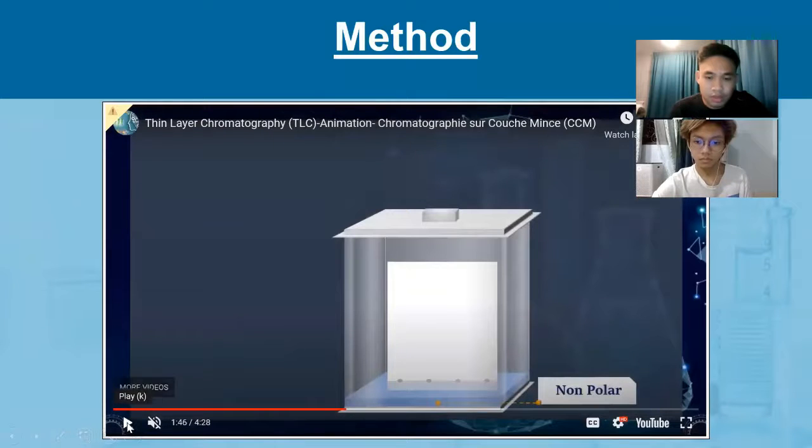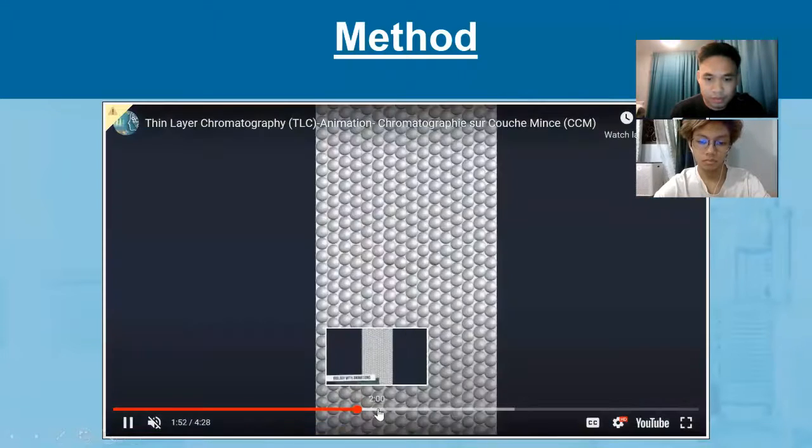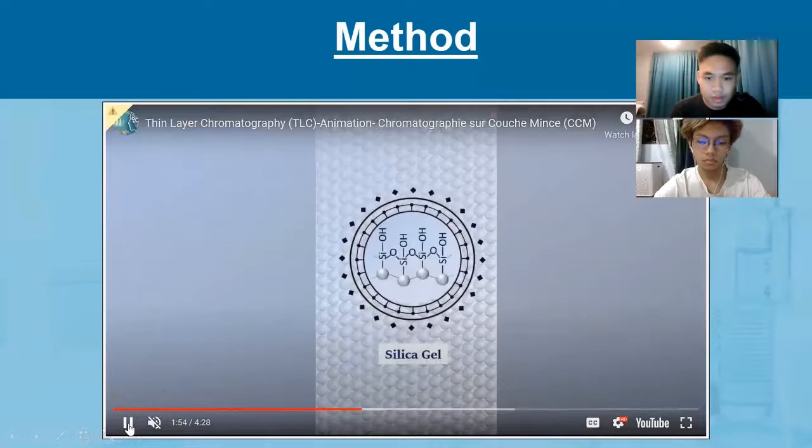The reason is that the mobile phase is non-polar, so when a compound is non-polar, the non-polar compound will travel further with the mobile phase. This is the molecule for silica gel.